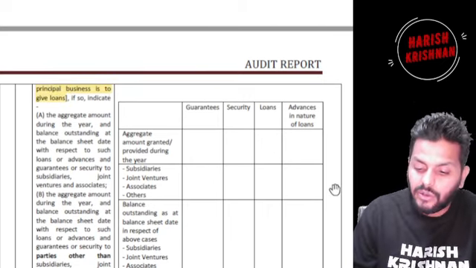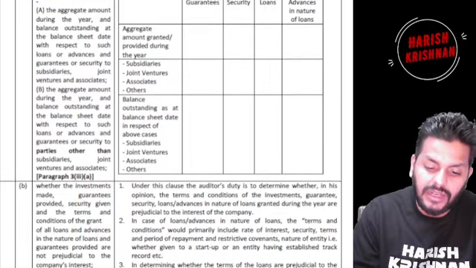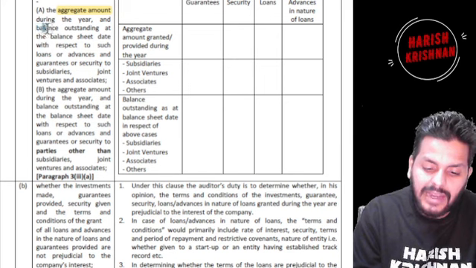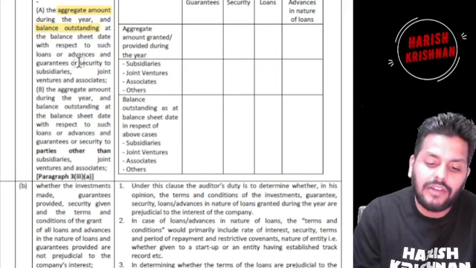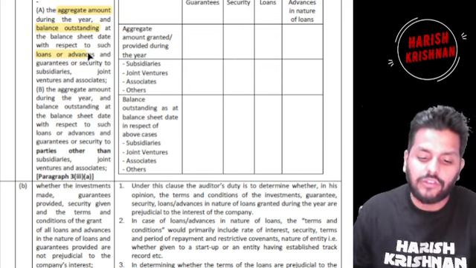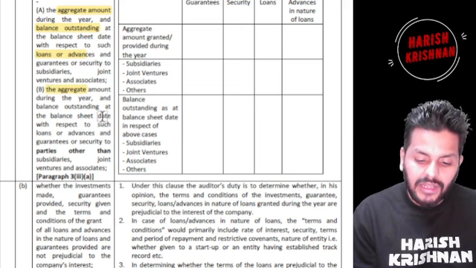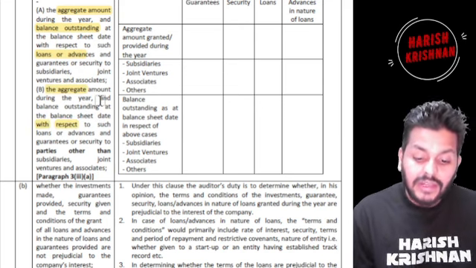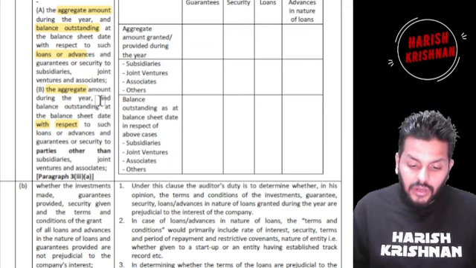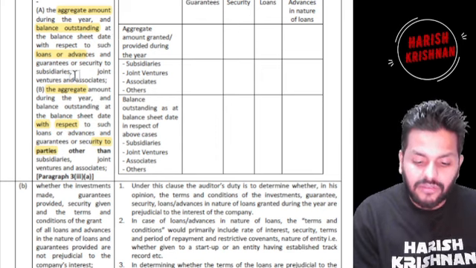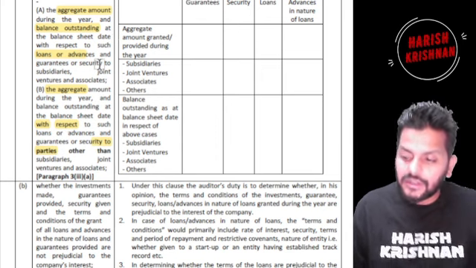Have you given any loan, guarantee or security on behalf of it? Then the aggregate amount that you gave and the balance outstanding in the balance sheet with respect to such loans and advances. Also, the aggregate amount during the year and the balance outstanding at the balance sheet date with respect to such loans and advances which have been given to other than subsidiaries.